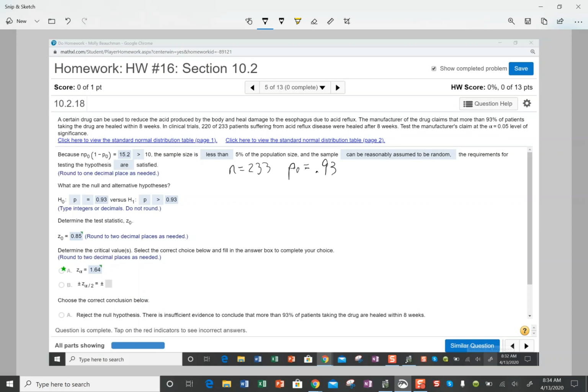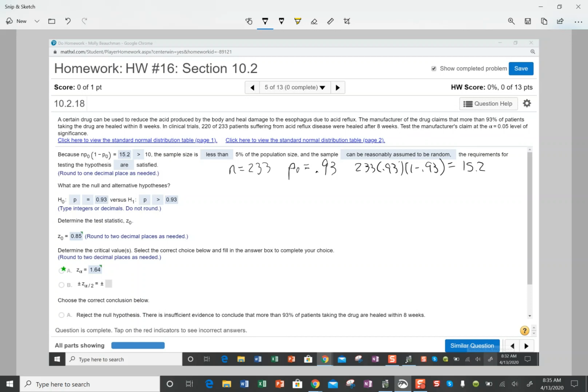So taking 233 times 0.93 times 1 minus 0.93 is where the 15.2 came from. That's greater than 10, so that requirement is satisfied. The sample size is less than 5% of the population, as 233 patients suffering from acid reflux is a lot less than 5% of the population of acid reflux sufferers, and the sample can be reasonably assumed to be random. So the requirements are met.